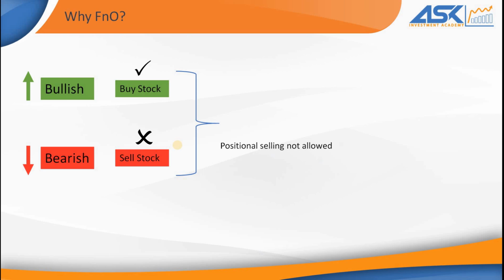Generally, for shorting a future, you may require around 80,000 to 1,20,000 rupees. Most of the traders will not have that much money. So for the sake of small traders, the exchange has implemented options. With the help of options, you can trade with 5,000 rupees to 20,000 or 25,000 rupees, depending upon the option price.